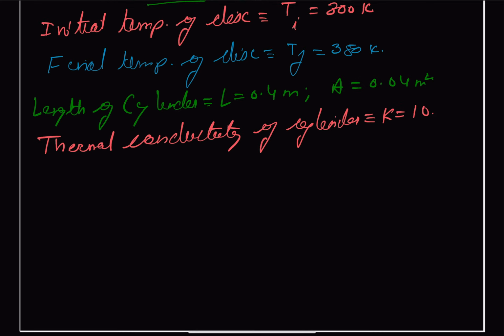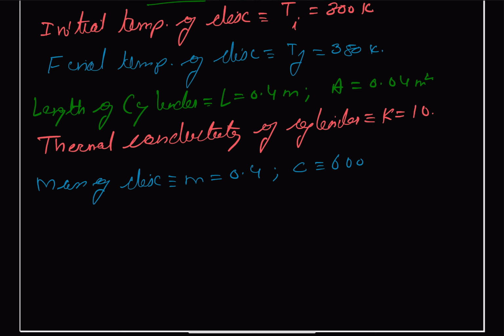And we have our disk. So the mass of the disk, let us suppose it is small m, which is 0.4, and the specific heat is given. So we can say C is 600, and it states that the disk thermal conductivity is very high.